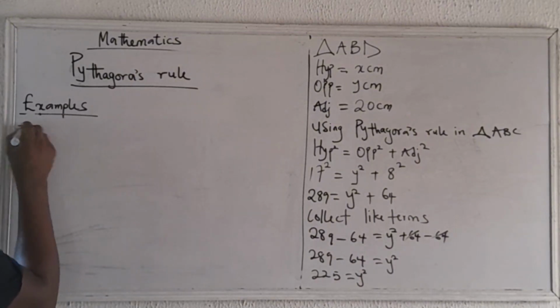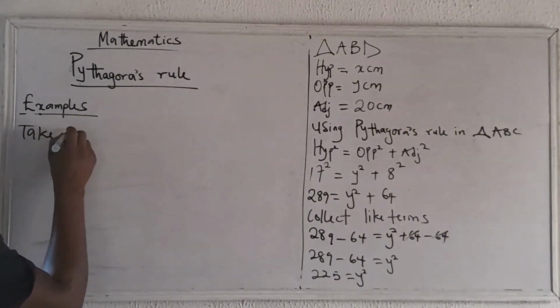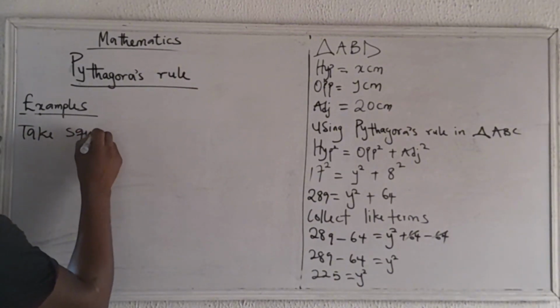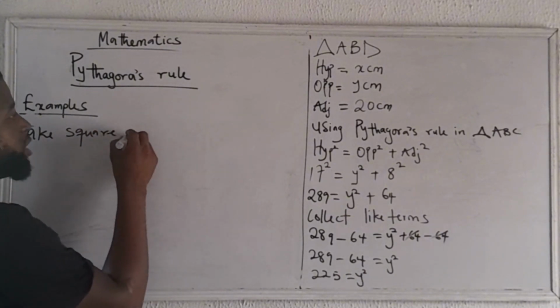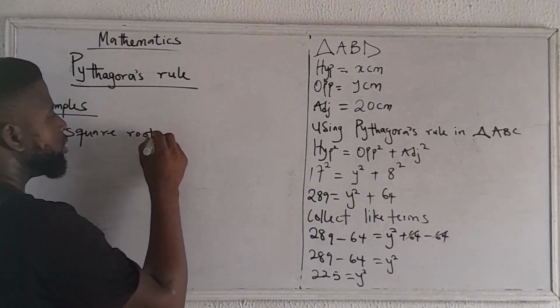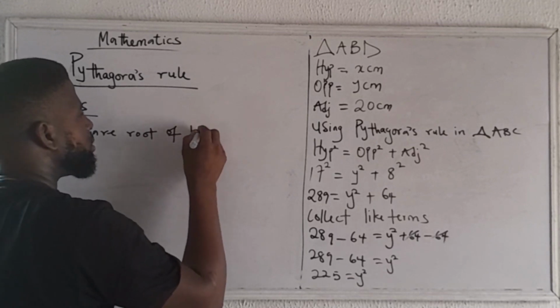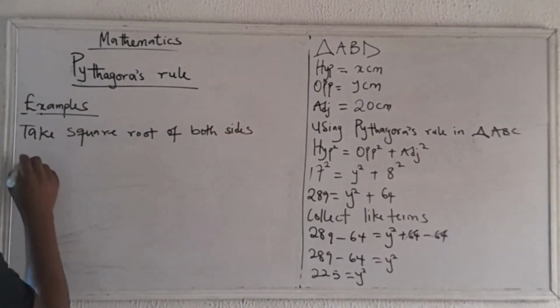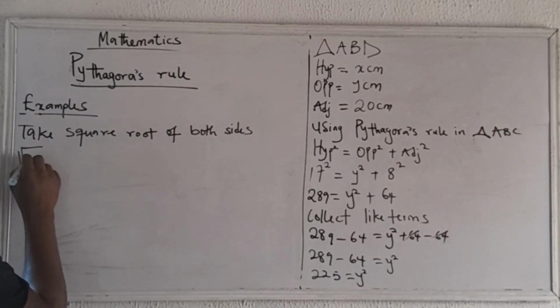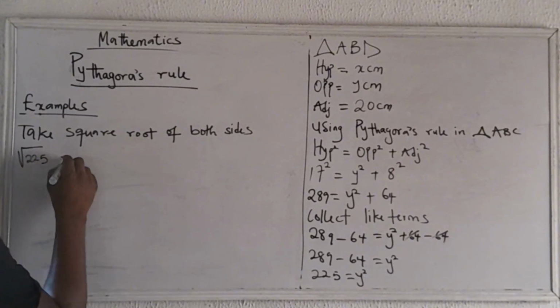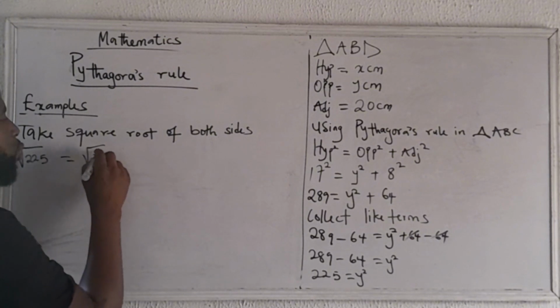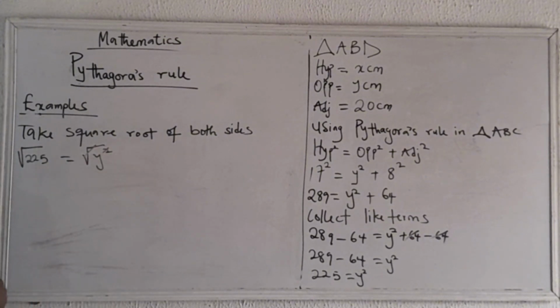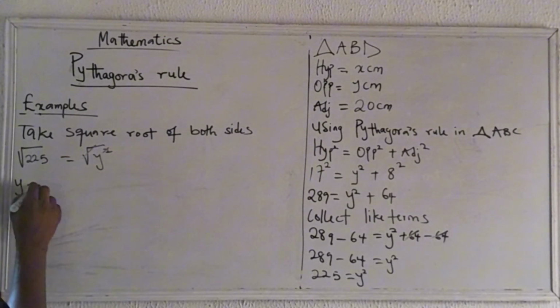Now we take square root of both sides to eliminate the square. Since we are looking for y, not y square, we have that square root of 225 equal to square root of y square. So the square will eliminate the root, so we have y equal square root of 225 is 15.